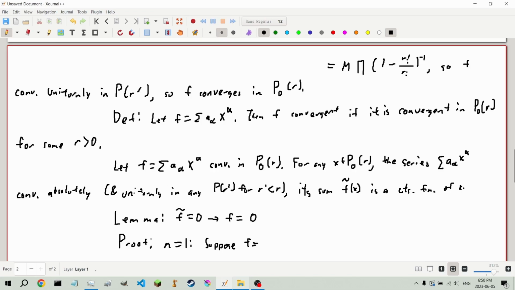Suppose f is non-zero. Then f is x to the m times the sum of c sub i times x to the i, where i goes from 0 to infinity, with c0 being non-zero, m being non-negative.